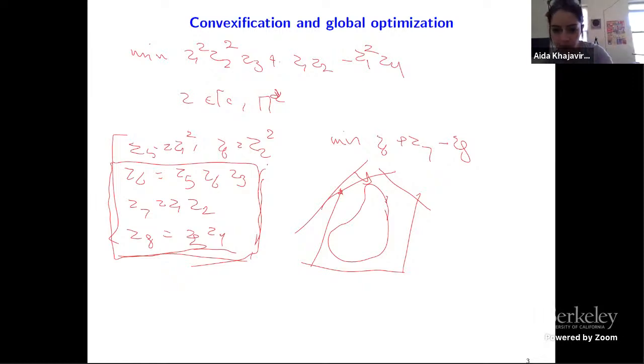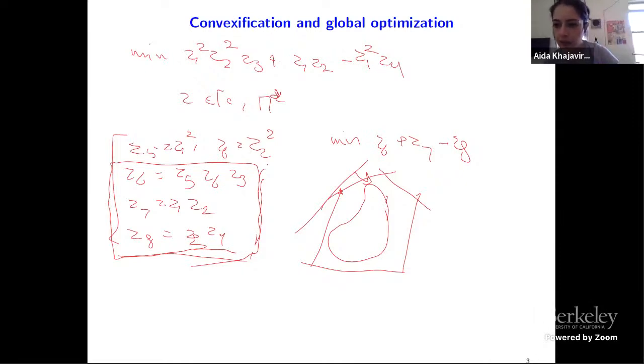So in the lower bounding step, what we are interested in is to be able to construct these convex relaxations that are cheap to compute. You can optimize over them efficiently, but also the bound that you get are not bad. Okay, so that's really the overall goal in the convexification business.